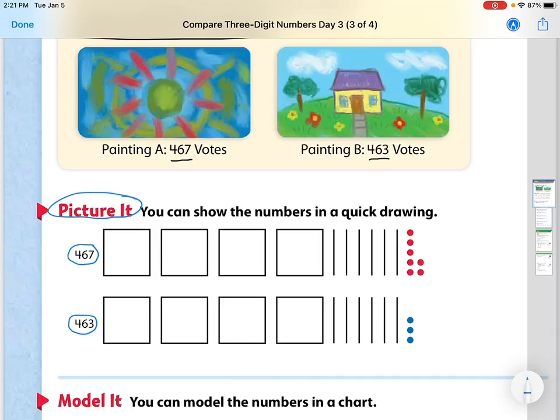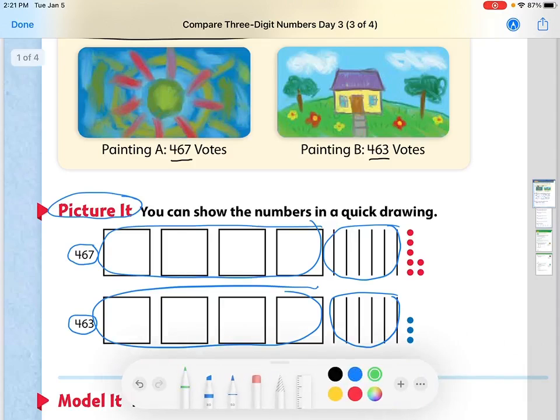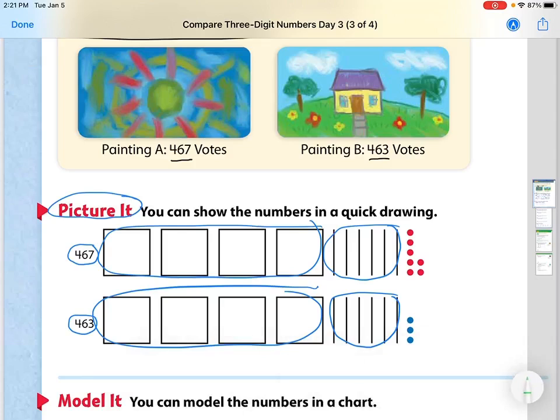We already know that both numbers have 4 hundreds and both numbers have 6 tens. Since both numbers have the same hundreds and the same tens, that tells us we will be looking at the ones in order to make our comparison.